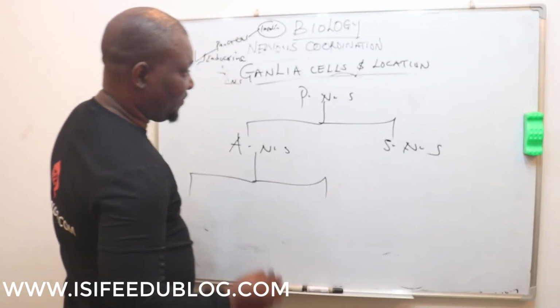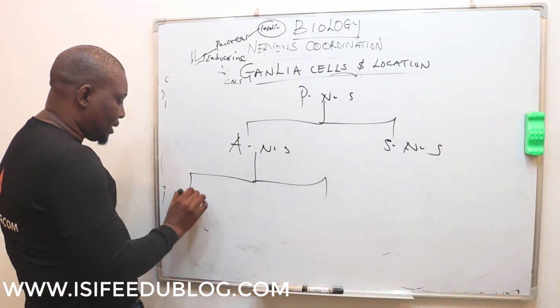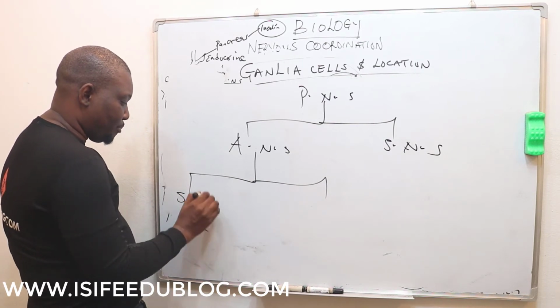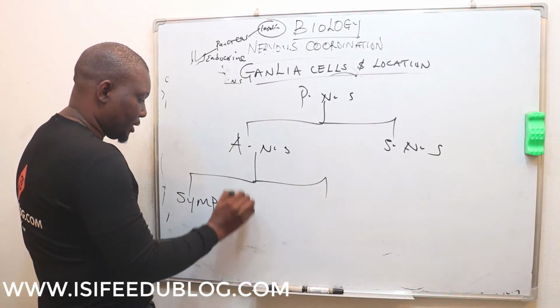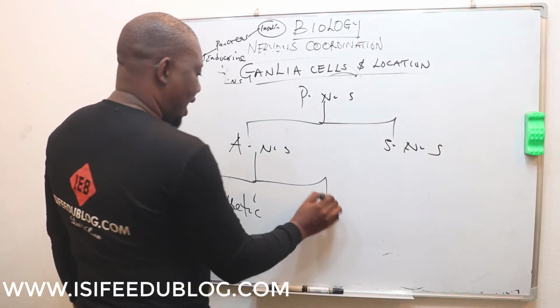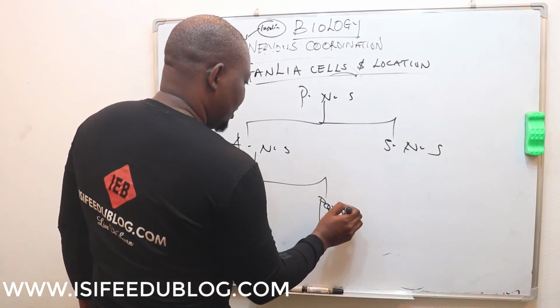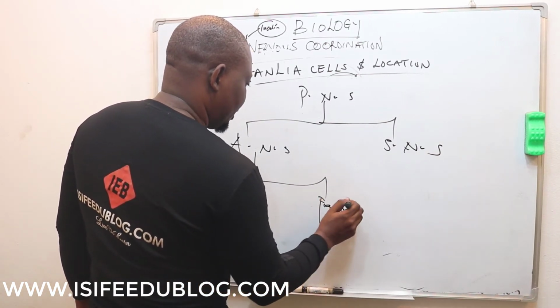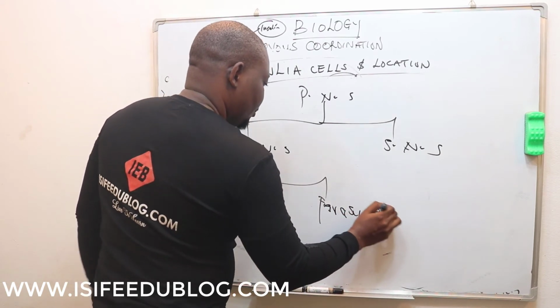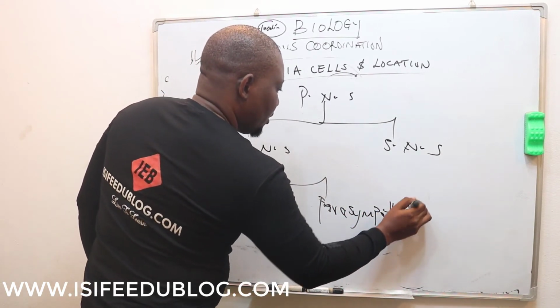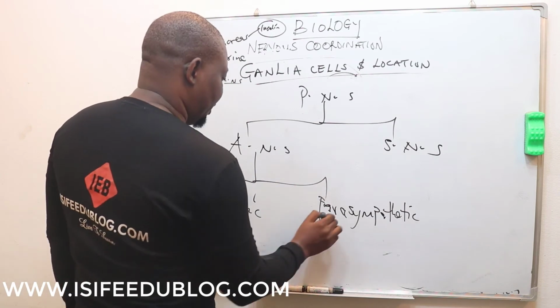And then the A.N.S. is broadly classified into sympathetic and parasympathetic nervous system.